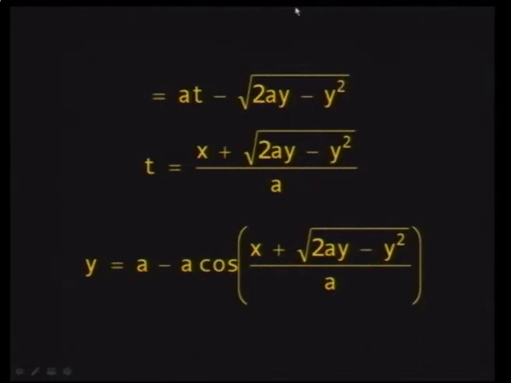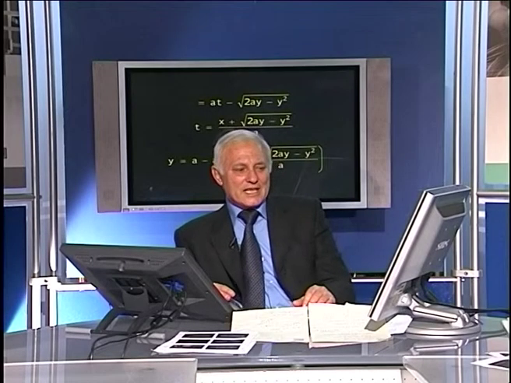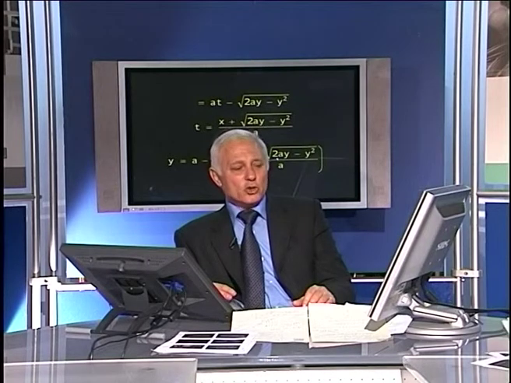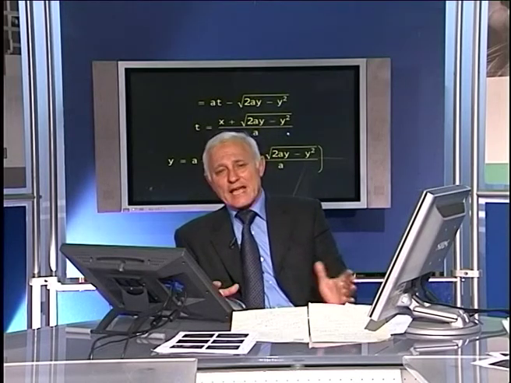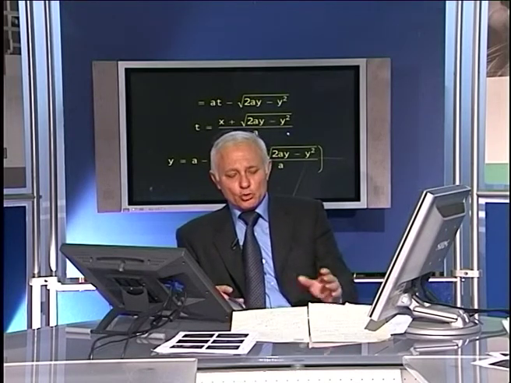So at the end I obtain something like this, and this actually is not easy. This is an implicit equation relating x to y, and I cancel t between the two equations. So you see it's not all the time easy to cancel out a parameter between two parametric equations.